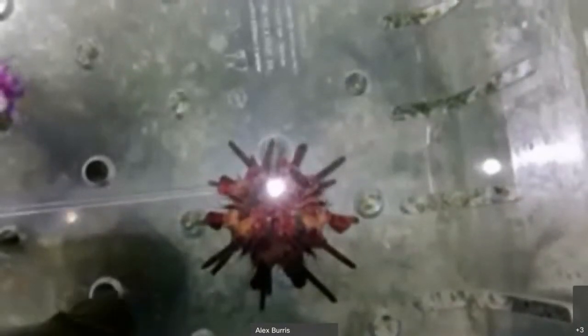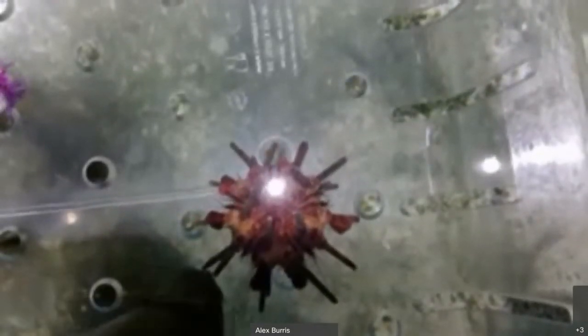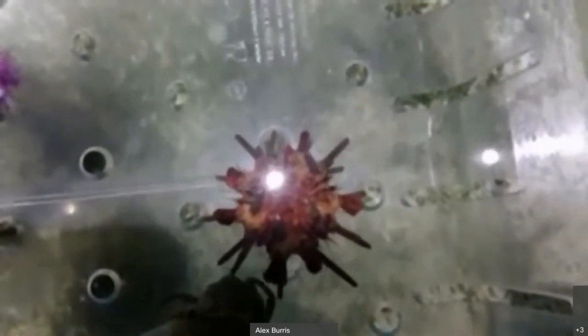So its spines are still for defense and protection, but more for holding on instead of being a direct defense. Any questions on it? Let me see if I can get that one closer to the camera a little bit.